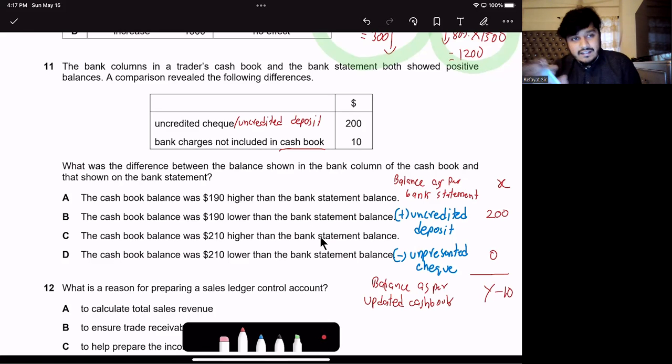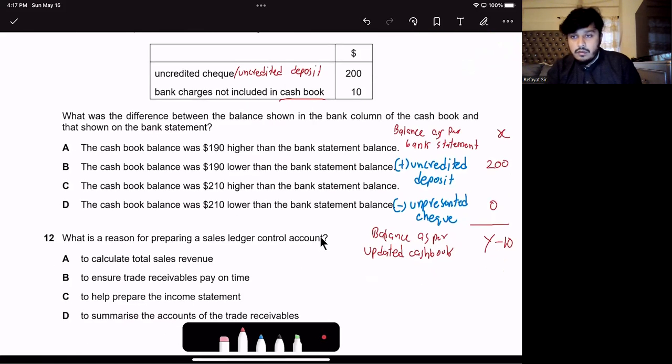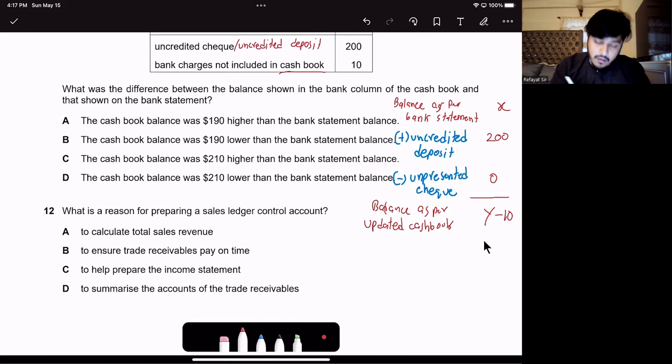So what we can see over here, try to focus, you'll understand. Our bank statement balance is technically less than that of the cash book balance. Let's do a simple equation.